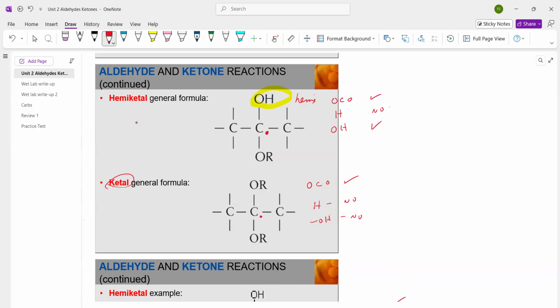A ketal has two of these groups attached. And these are the tests. So OCO, H, no, that means it's going to be a ketal. And there's no OH. So in this case, it's an H, so it's going to be a hemiketal. Here it's OCO, yes. No H, that means it's a ketal, and no OH, so it's a plain old ketal.